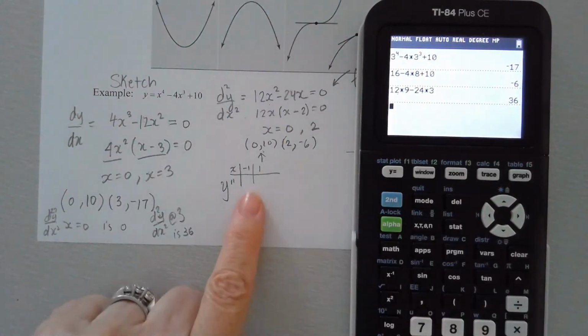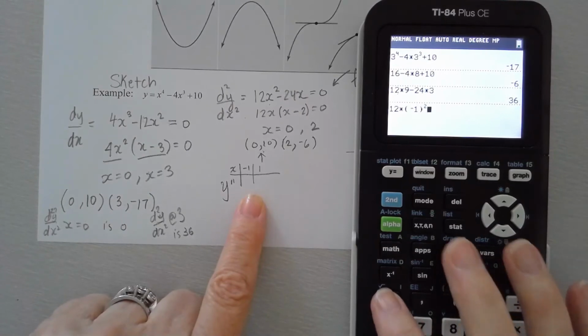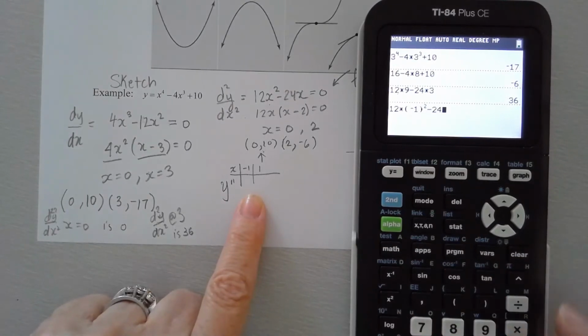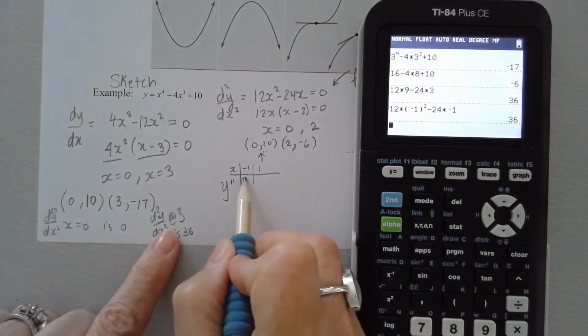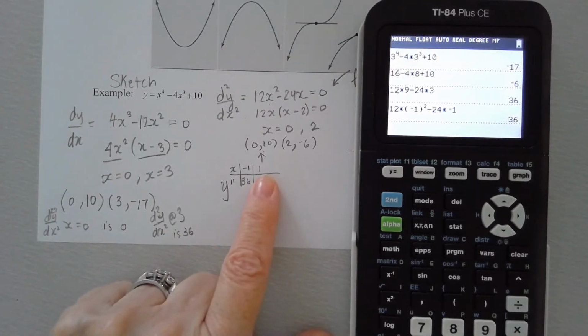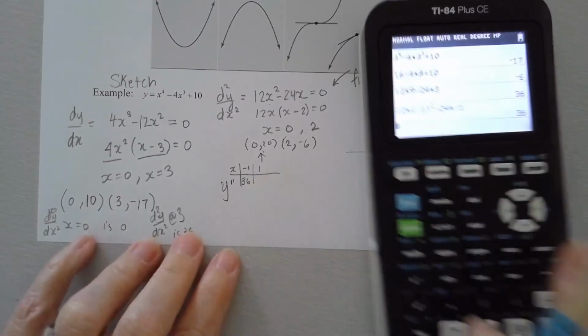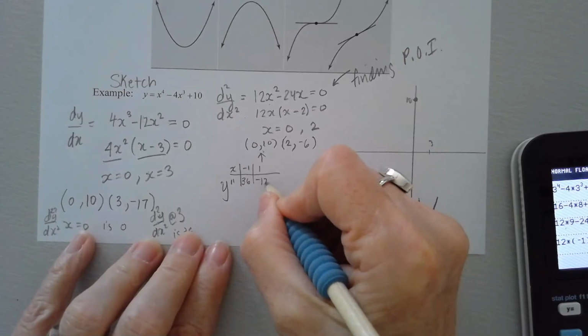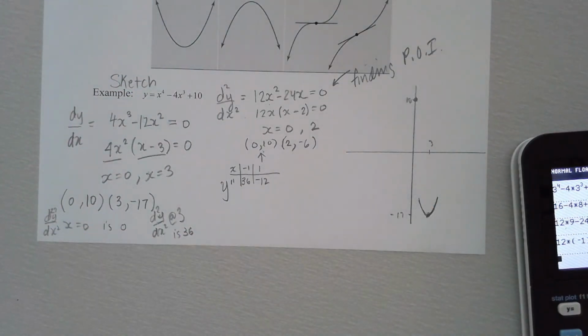I put in something on either side of 0 because I'm dying to know what happens. So I go 12 times -1 squared minus 24 times -1. Is that okay? I got 36. And when I put 1 into the second derivative, I get -12, I reckon. Does it change sign? Yay, it changes sign on either side.